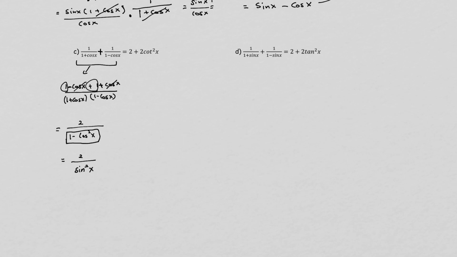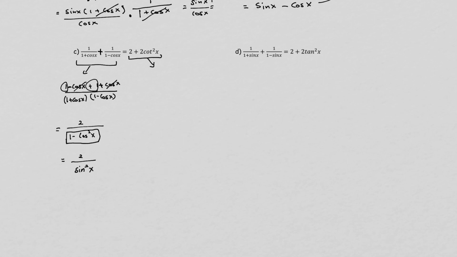And I don't know what else I can do to this, right? So instead of guessing what I need to do, let's see what I can do on this side, right? That side is also kind of long, I can work on that side and see what I can get.